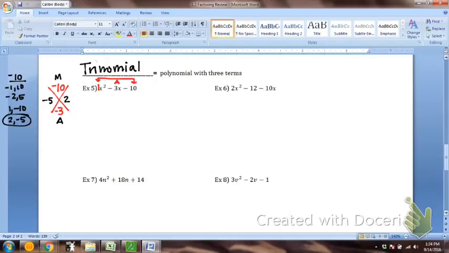Because the a value is 1, and our a value is right here. Okay, this is our a value. Whatever number is there in front of the x squared, which a was 1, then we are allowed to just take the shortcut. And the shortcut says to set up your parentheses. We're going to split up that x squared to be an x and an x.